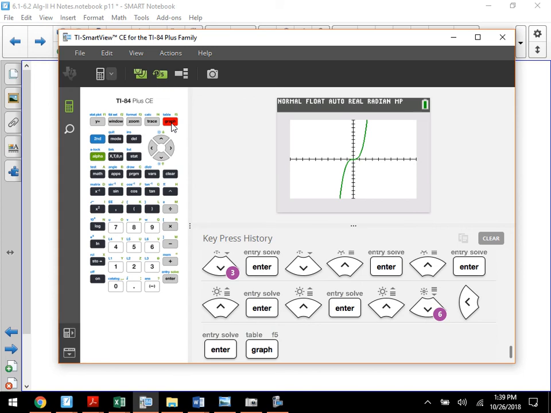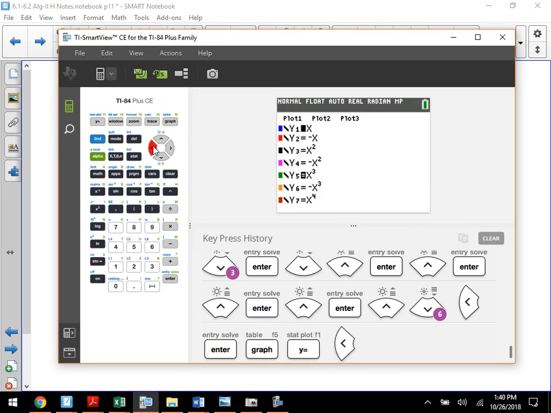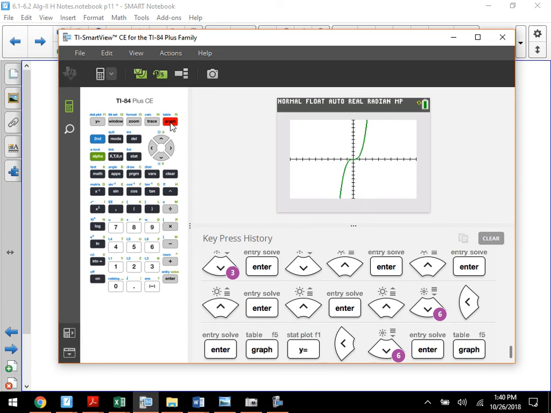Down, up, okay? Now, take a guess what the negative version of that will do. The opposite, very good. So instead of down, up, it would be up, down. Go to the x to the fourth.